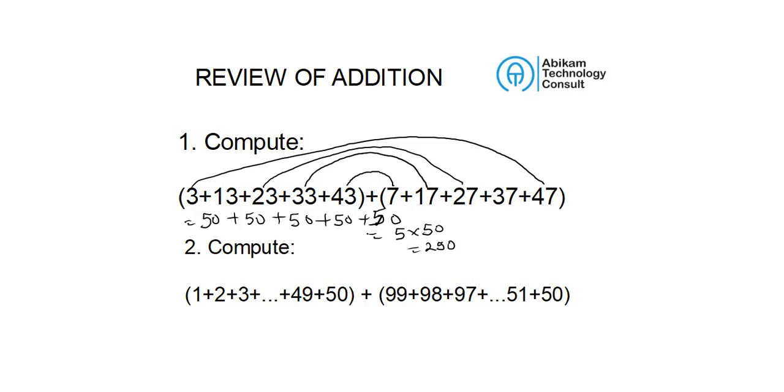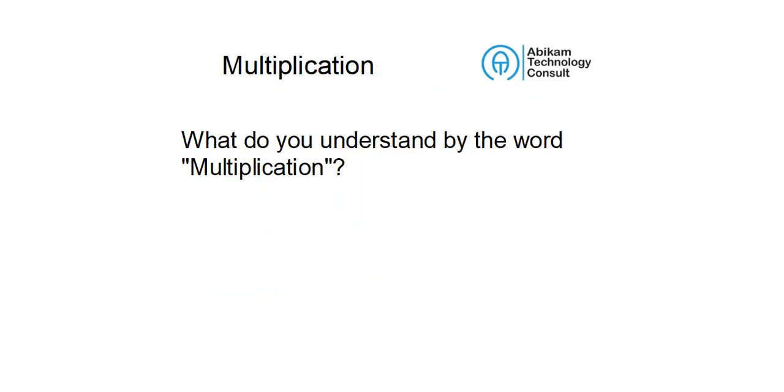So from there, you can see we have seen the concept of multiplication. When we have 5 copies of 50, instead of adding 50 plus 50 plus 50 plus 50 plus 50, we say 5 times 50, because we have 5 copies of 50. So whenever we talk about multiplication, it means same copies.